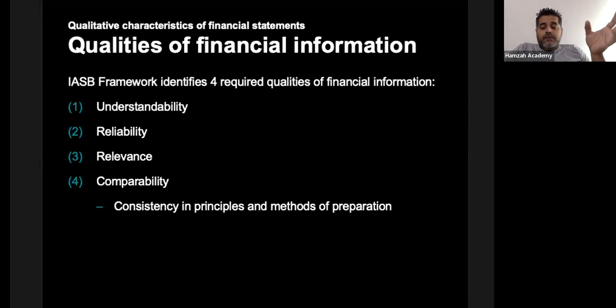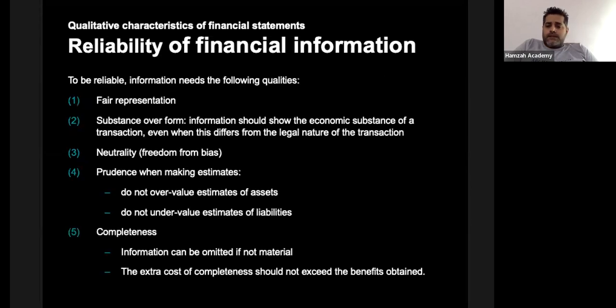The principles and methods used to prepare the financial statements should be applied consistently by all businesses, and from year to year, in order for the information to be comparable. If you want your information to be comparable, then you have to make sure that the basis on which you provide the information is consistent.